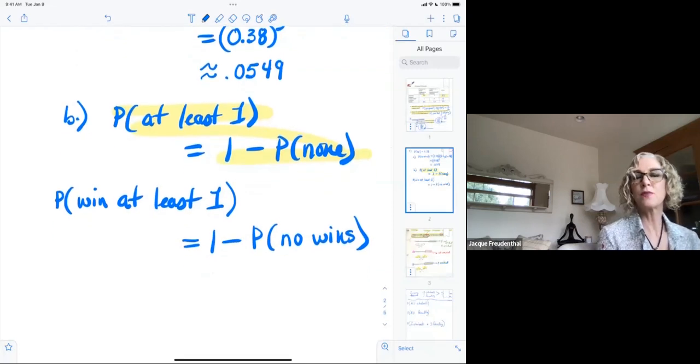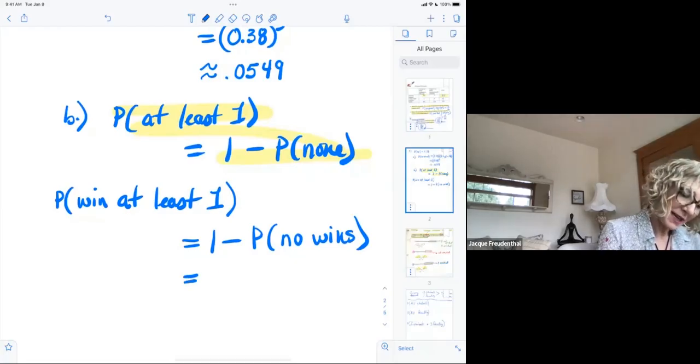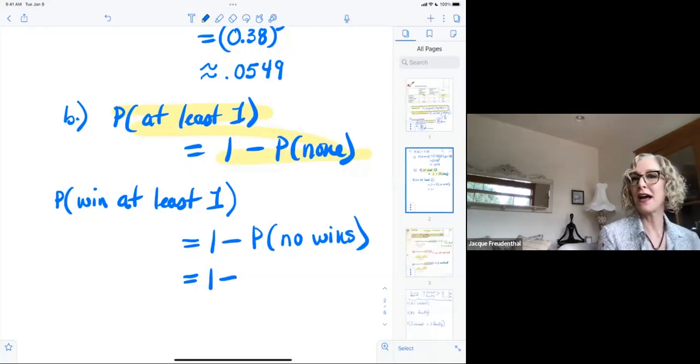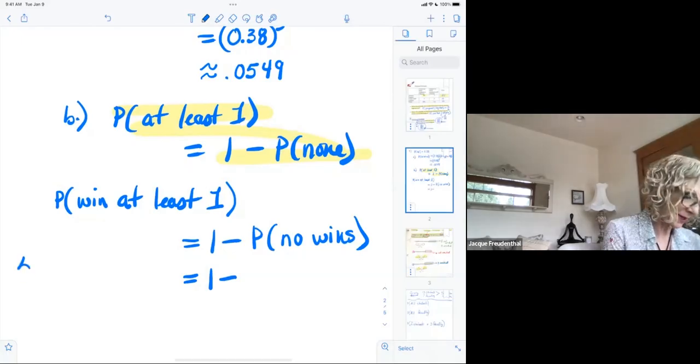Probability of winning at least once is the same as 1 minus the probability of none, and none is related to wins. So that's why we're saying no wins. So I'm going to take 1 minus. Okay, now how many times are we playing? We're playing 5 in a row.